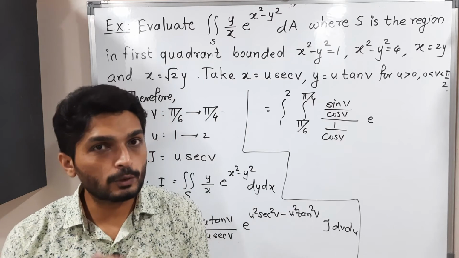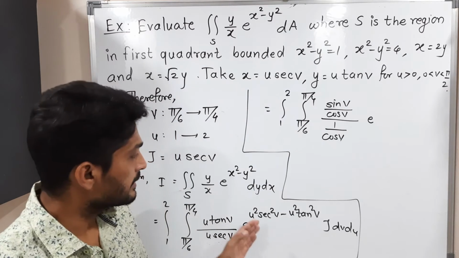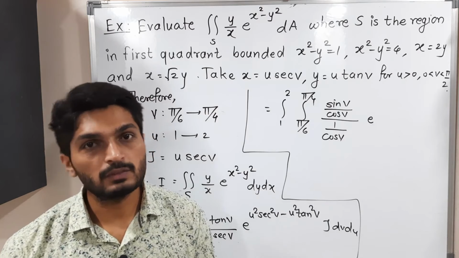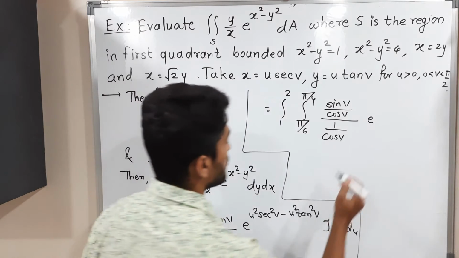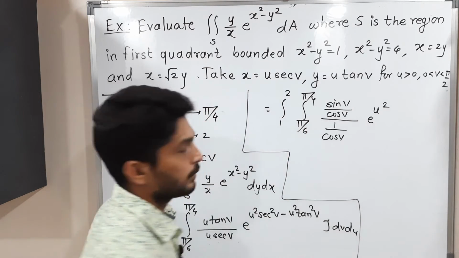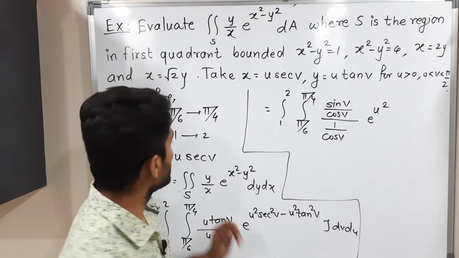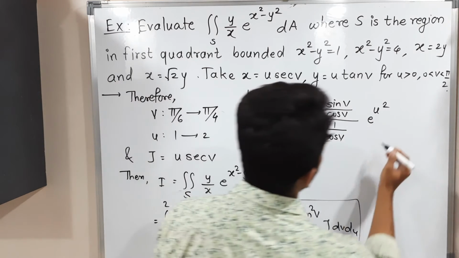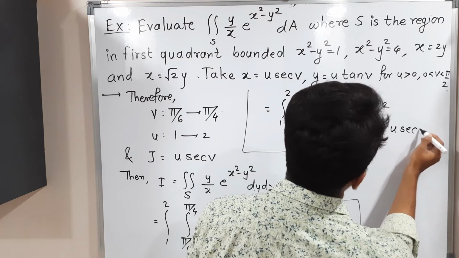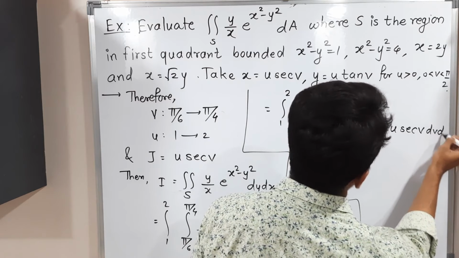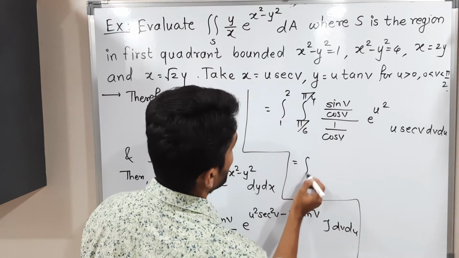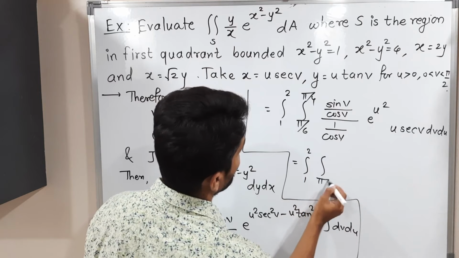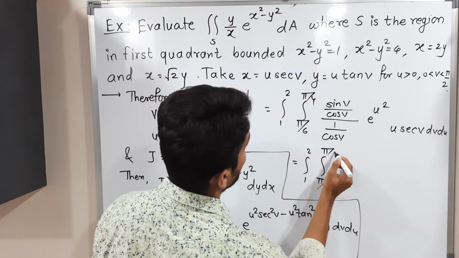If you take u square common in bracket, we will have sec square v minus tan square v, which is 1. So that's why simply we will have this is u square only. Okay. Jacobian is u sec v. So this is u sec v and dv du. So integration 1 to 2, pi by 6 to pi by 4.